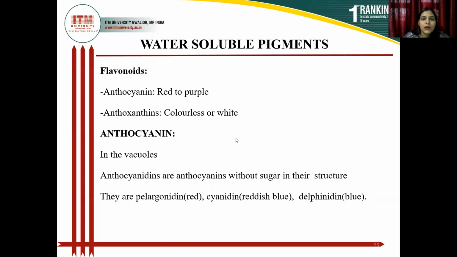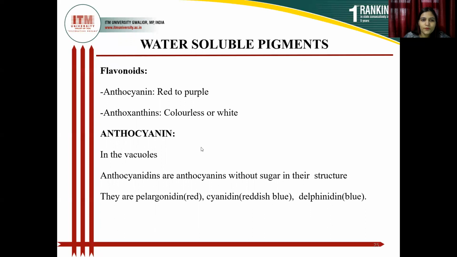Flavonoids are of two types, anthocyanin and anthoxanthin. These are also pigments and are water-soluble. Anthocyanins are red, blue, and purple in color. Anthoxanthins are colorless or white.